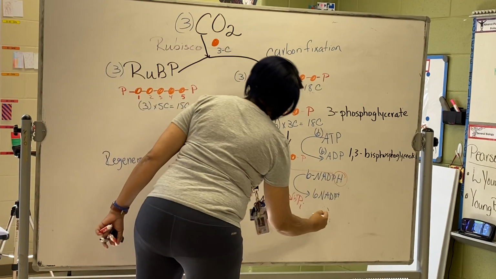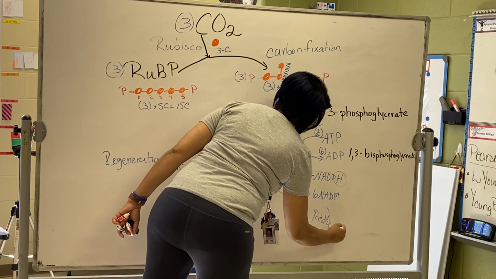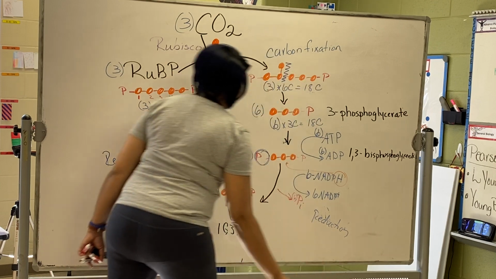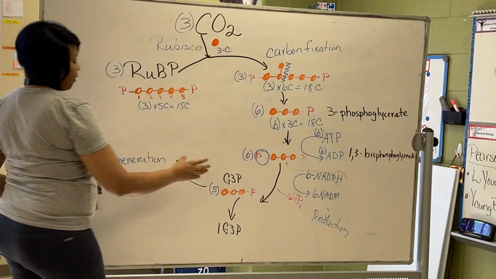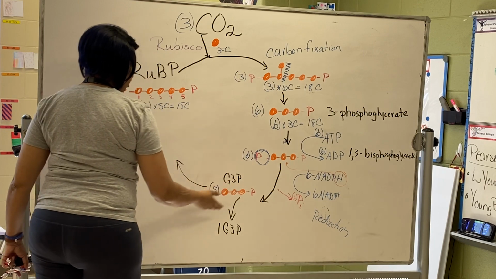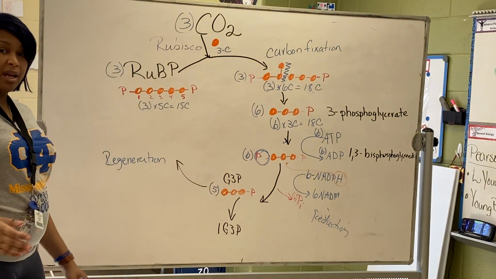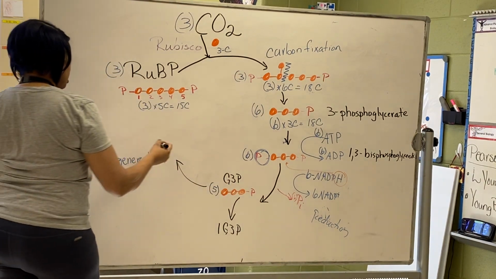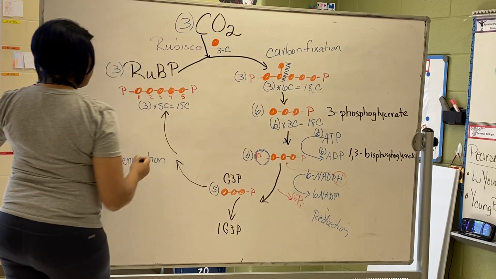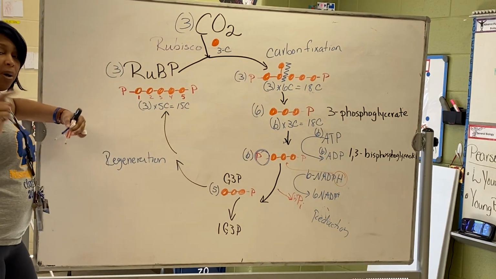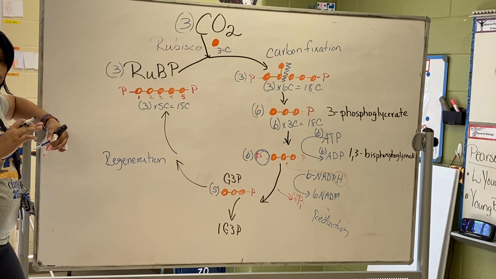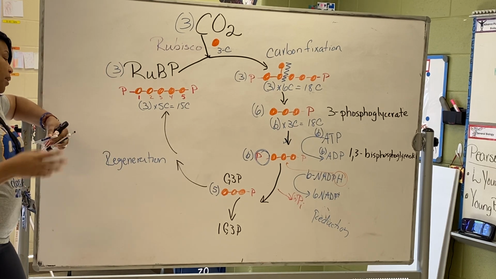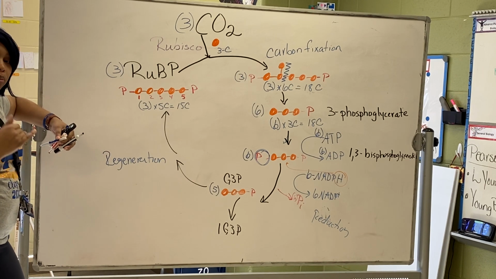This was reduction over here. In regeneration, these 5 3-carbon molecules are rearranged into these 3 5-carbon molecules, but the problem is that they only have 1 phosphate for each molecule, so that means I need to use more phosphate.